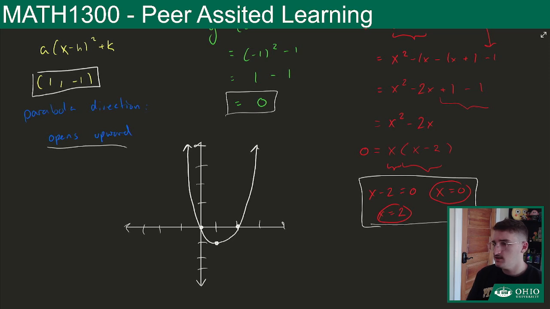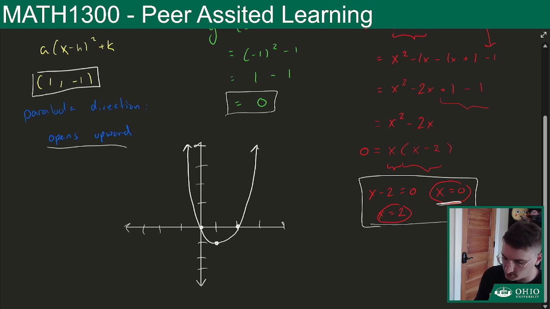And like I said, you may be thinking, okay, that is a lot of information, a lot of things we need to solve to do a quadratic. But keep in mind, once you get good at this, you don't always need all 4 bits of information. For example, if I just solved this x equals 0 term, I can understand that my y-intercept is also going to be 0, right?